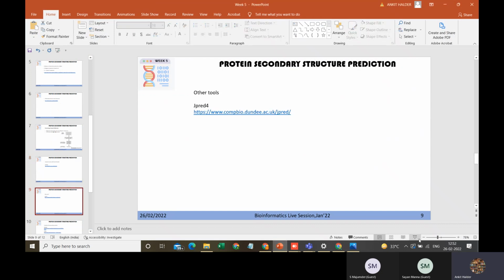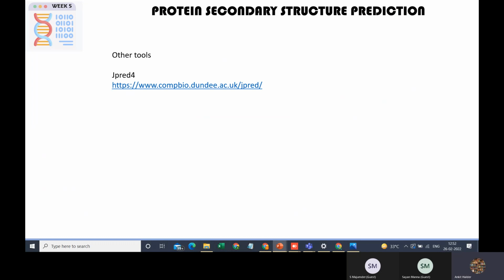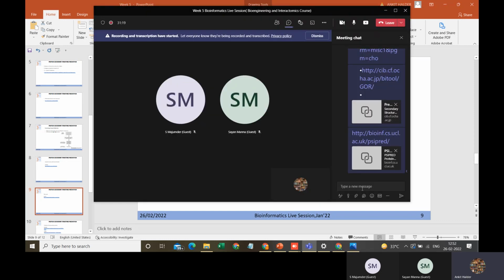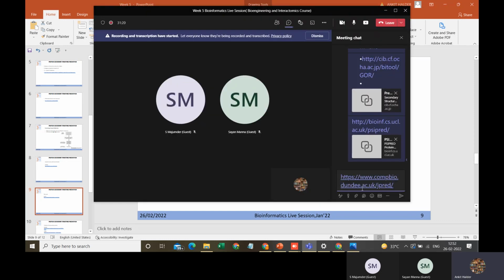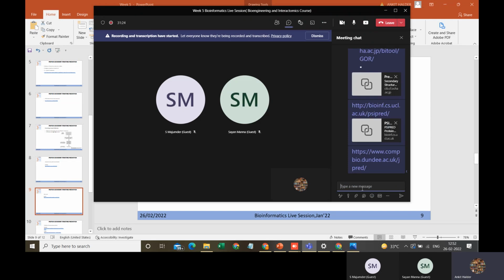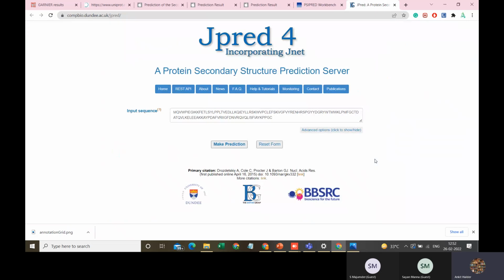Another tool for secondary structure prediction is JPred.